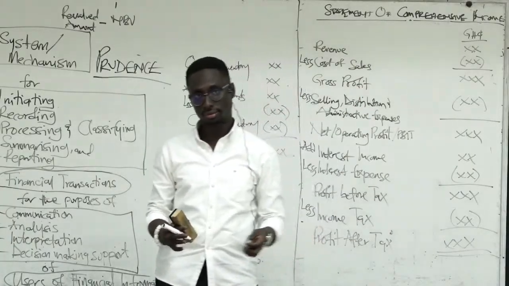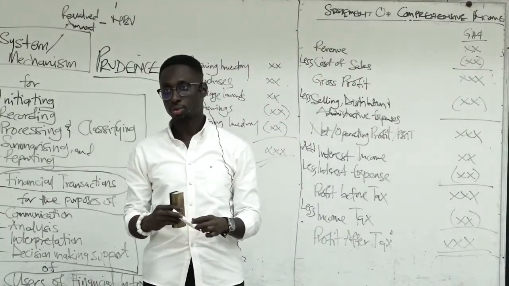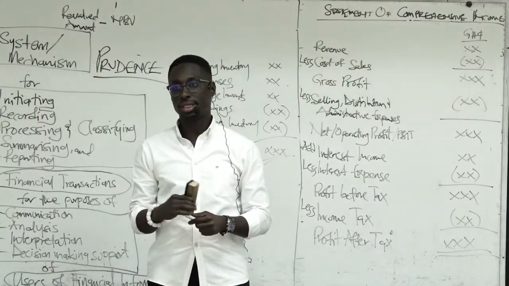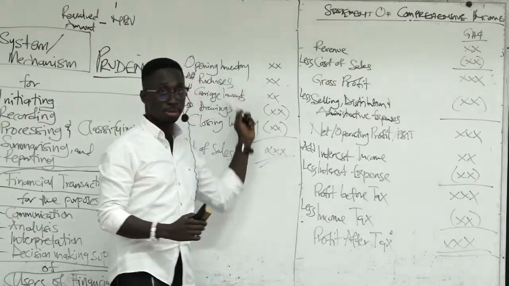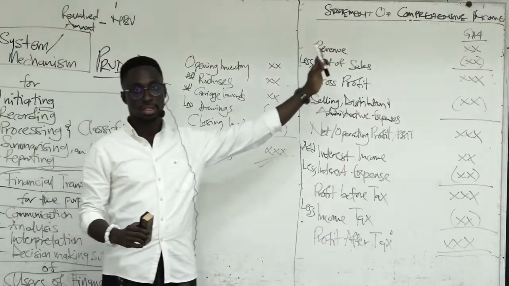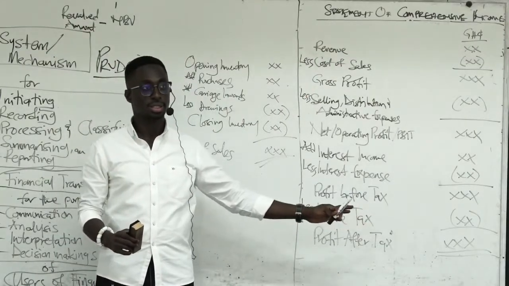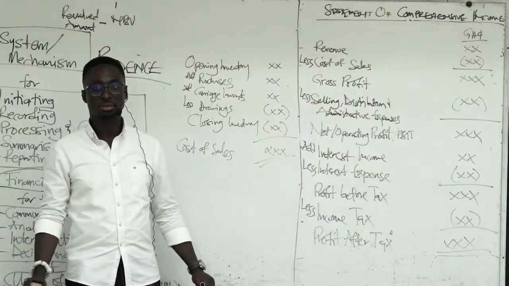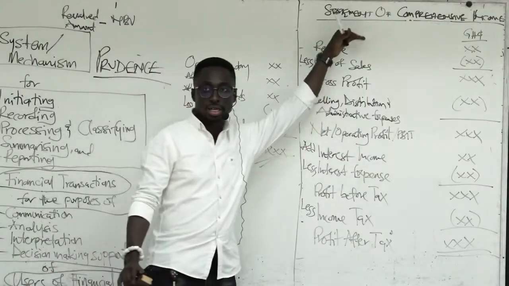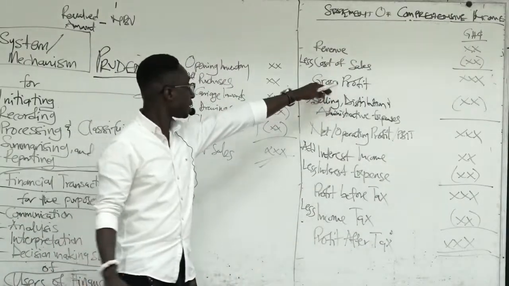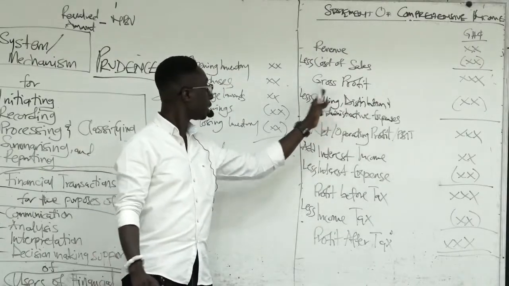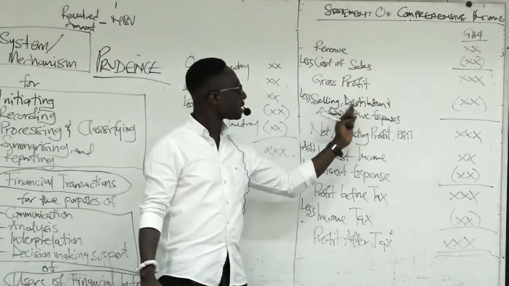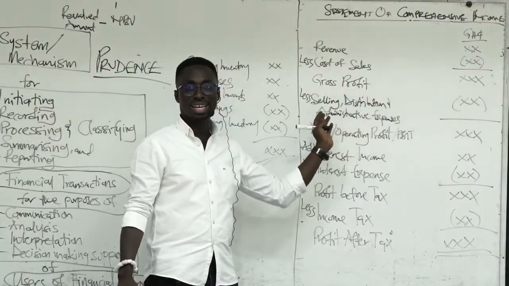So based on the things you prioritize in life, if you have OCD like I do, you probably do this and then come and do this. But if clutter doesn't disturb you, you can come and do the full details here. So that's that. Cost of sales. Then we have gross profits. And then we have here selling, distribution, and administrative.